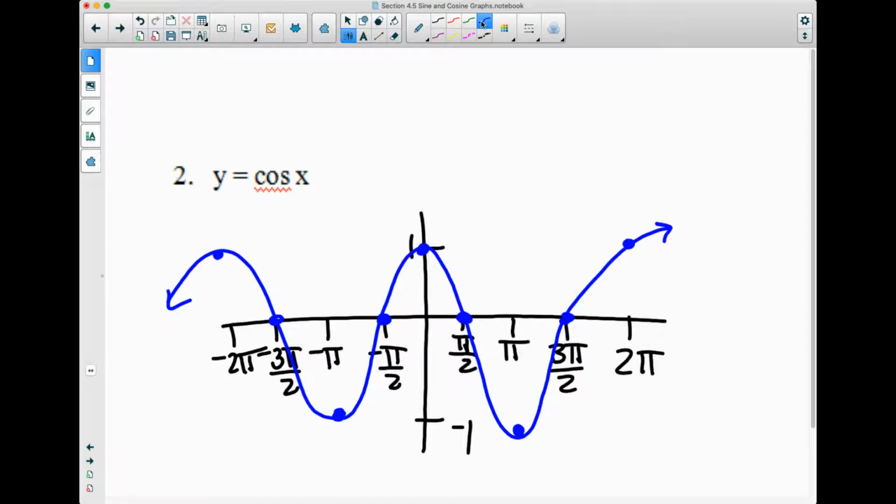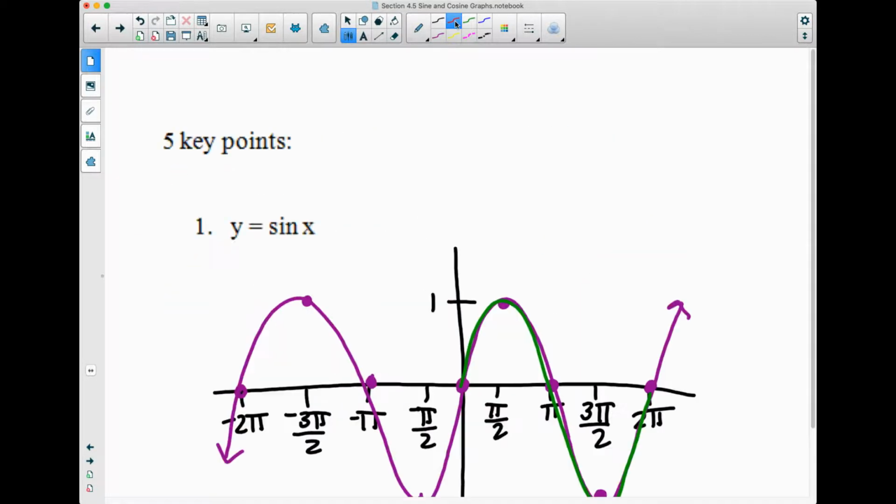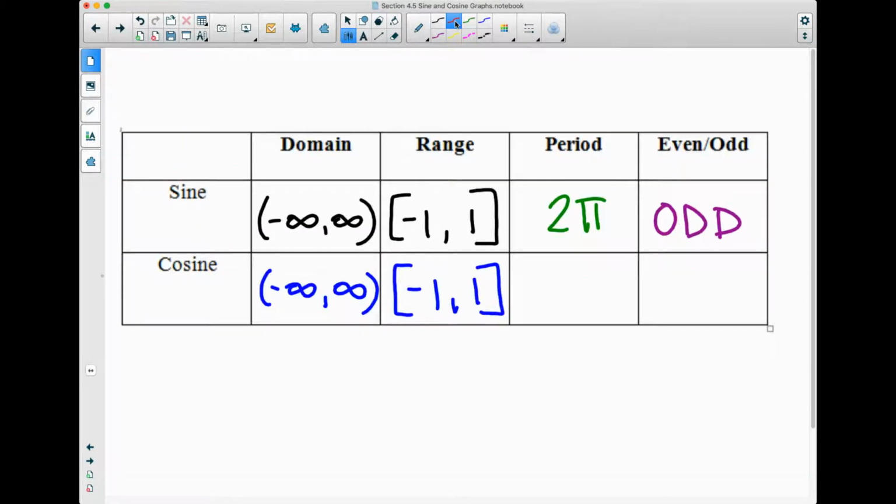Same distance from 0 to 2 pi. I could take that, copy paste it over and over and over again. And what is this one symmetric about? So it is even.